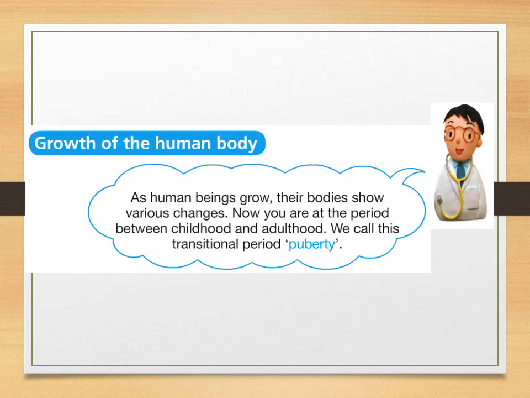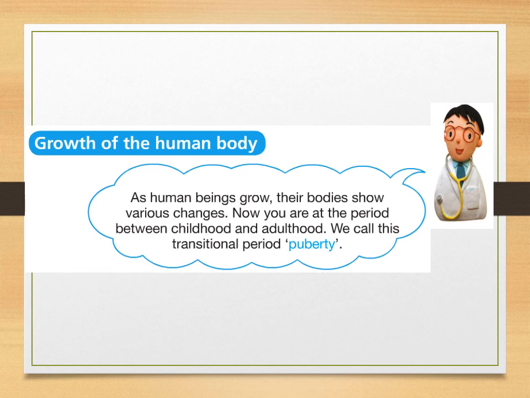After thinking of Elaine's case and your own case, let's have a look at some information here. This is part 2, growth of the human body. As human beings grow, their bodies show various changes. Now you are at the period between childhood and adulthood.